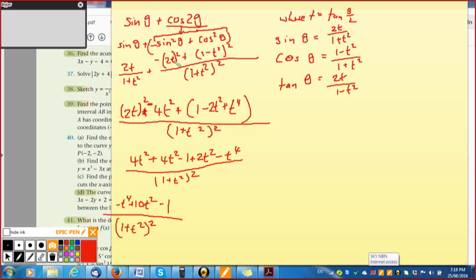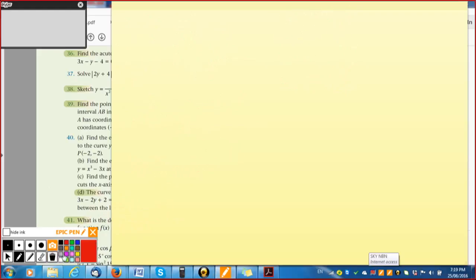So that's going to cancel with that, leading to that. All right, cool. So hang on, sorry. It's sine theta plus cosine 2 theta.